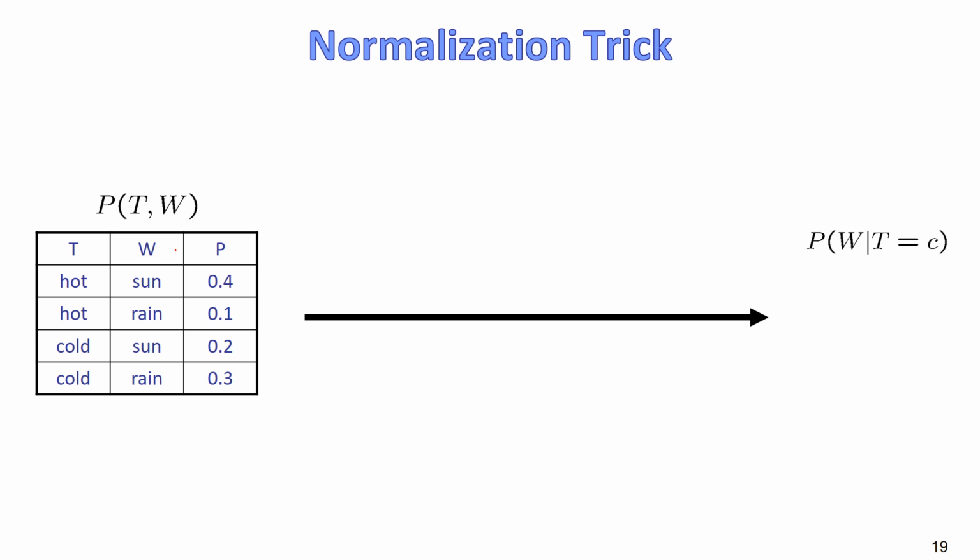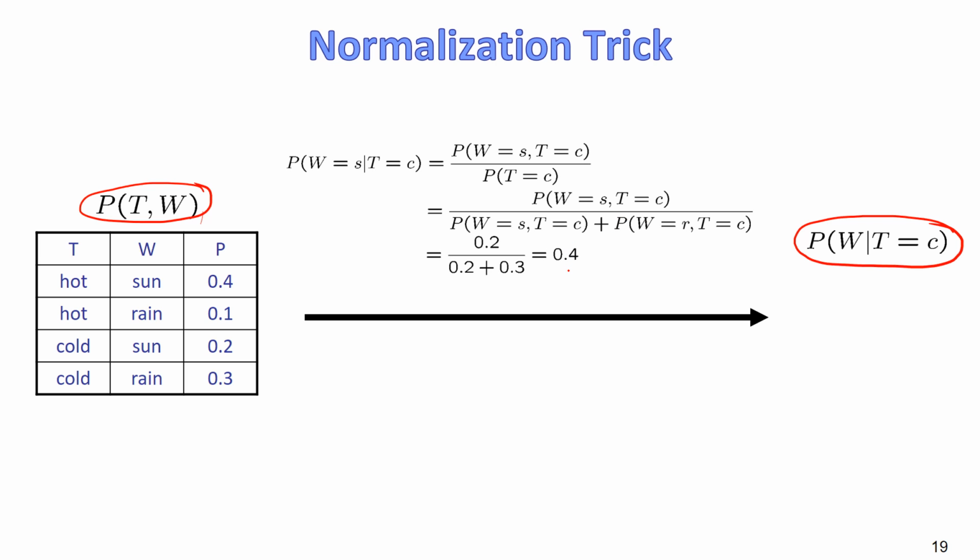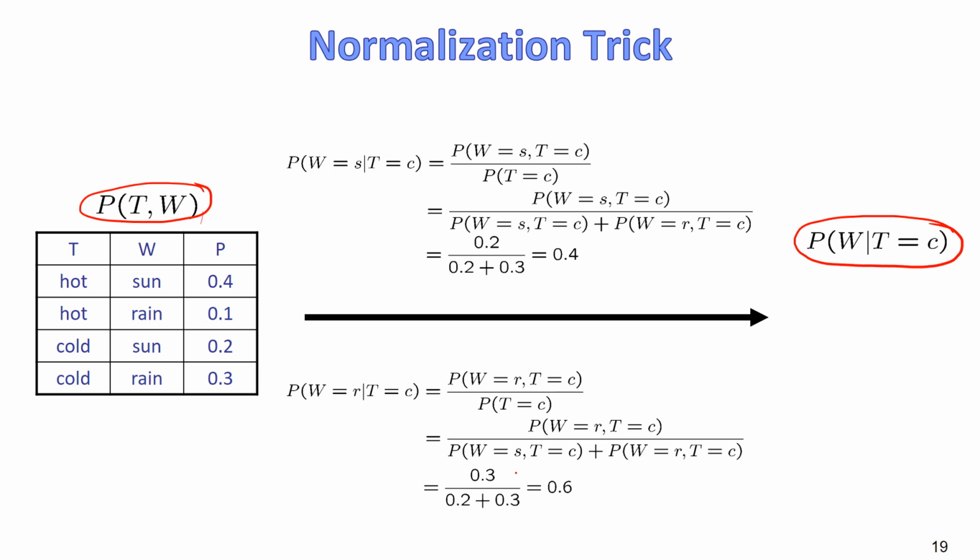We have a joint distribution, and from that joint distribution, I want to calculate a conditional distribution: the probability of W given T equals a specific value. We used the conditional probability rule and we found out that this is 0.4, and the other one is 0.6. That's what we did in the previous slide.